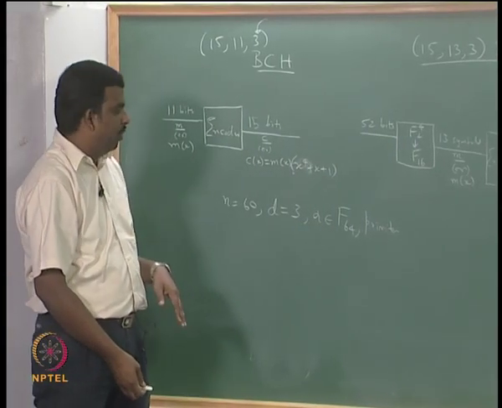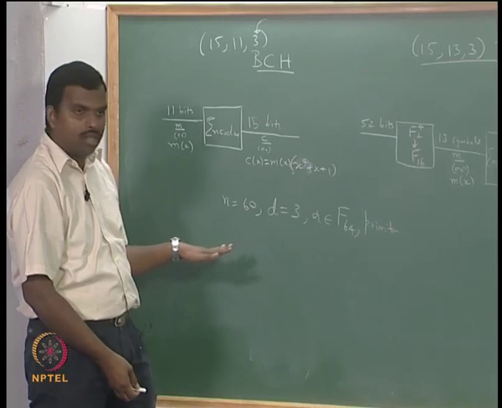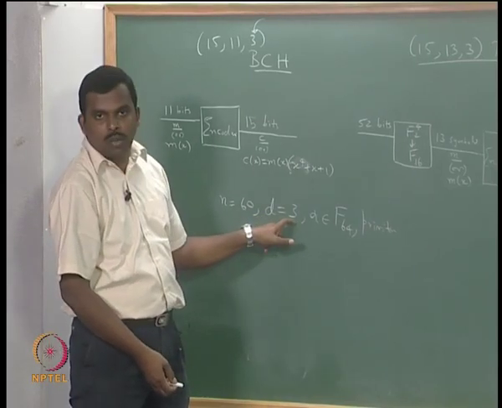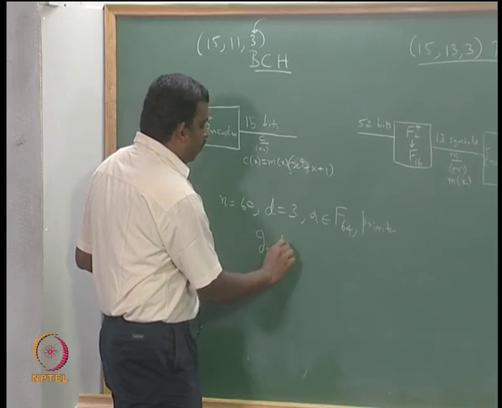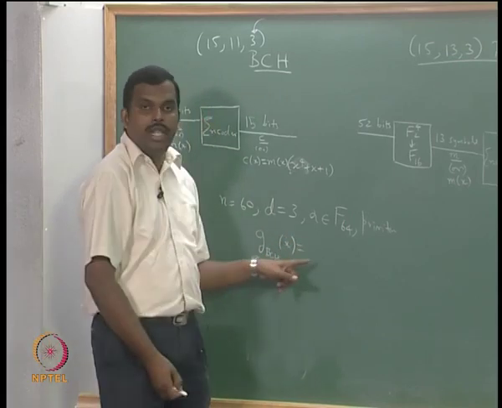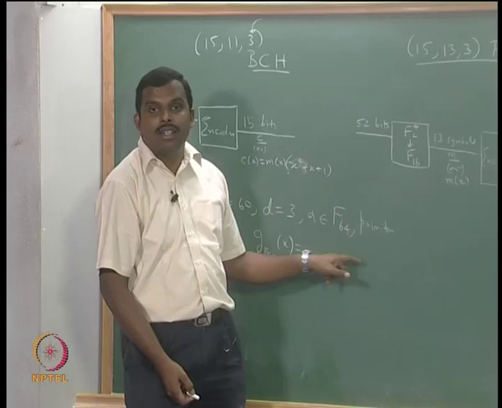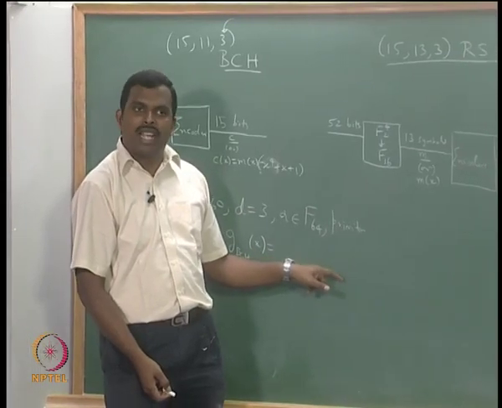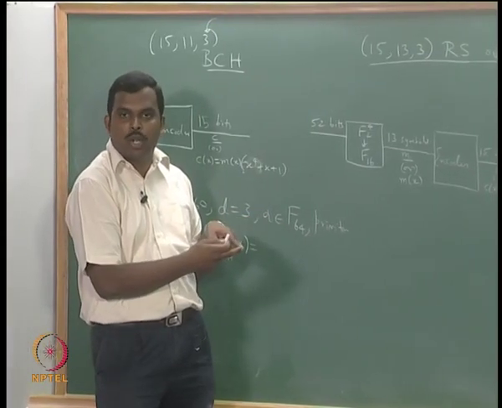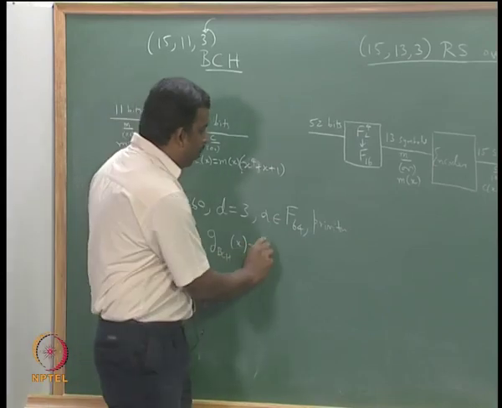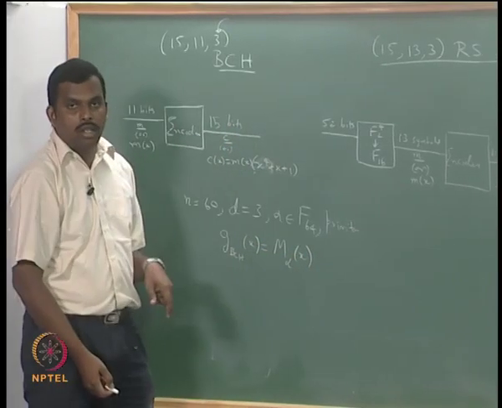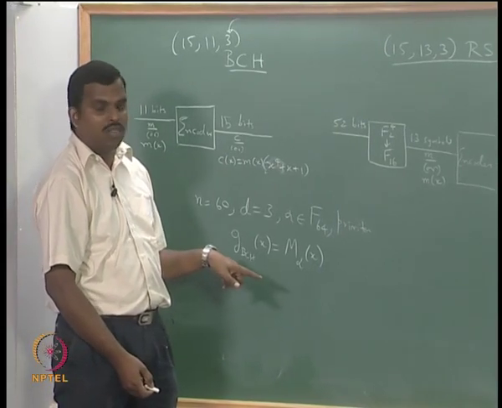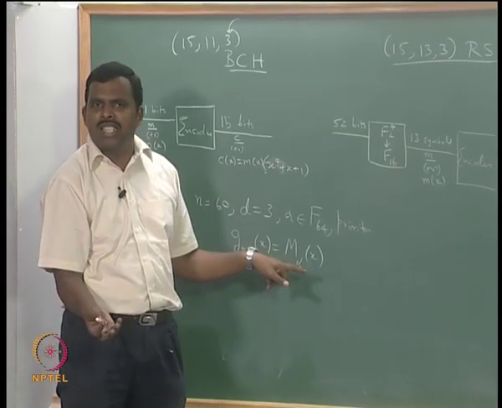If I do that, it's just d equals 3. So my g_BCH of x will be what? It will be the LCM of m_alpha and m_alpha squared, but alpha and alpha squared have the same minimal polynomial, so it will be simply m_alpha of x, which will be the primitive polynomial I used for the design of F64.